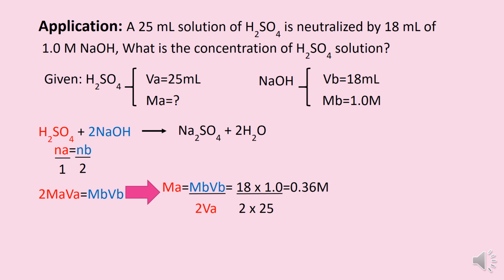Now the relation is 2MaVa equal to Mb times Vb. And you can get here Ma is equal to the molarity of the base times the volume of the basic solution over 2 times the volume of the acidic solution. Now substitute by using the values, 18 times 1.0 over 2 times 25. The answer will be 0.36 molar.